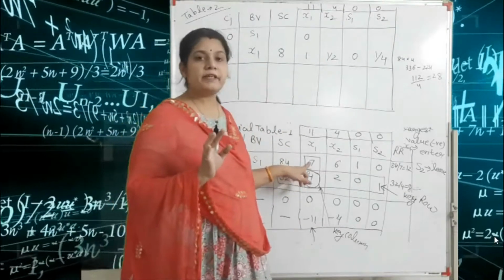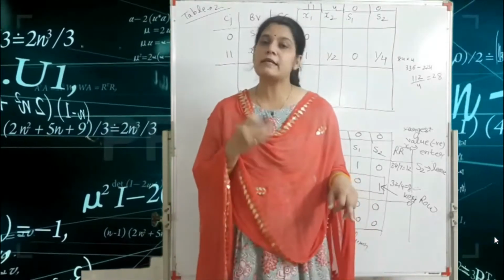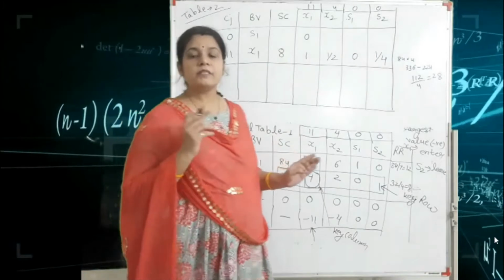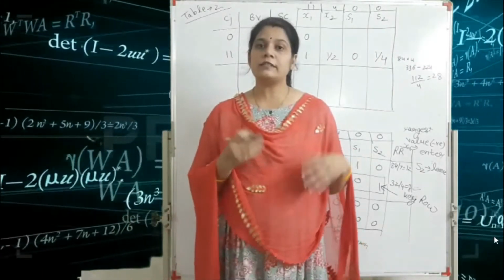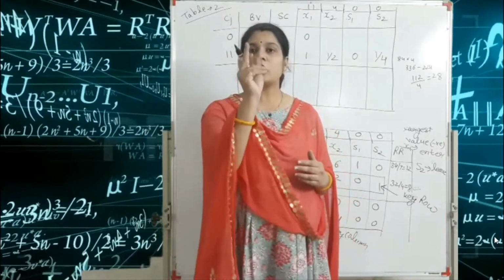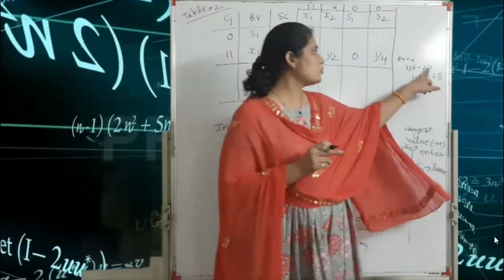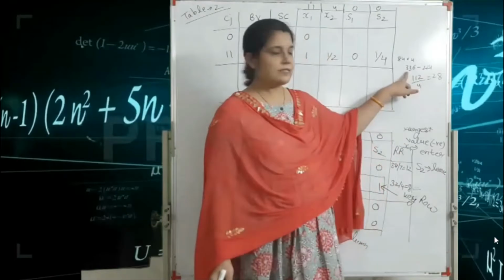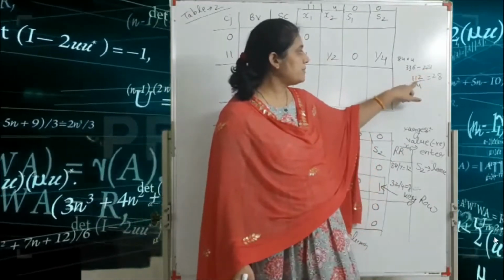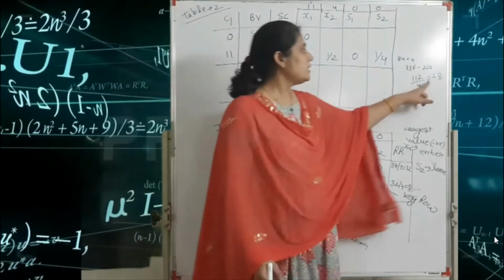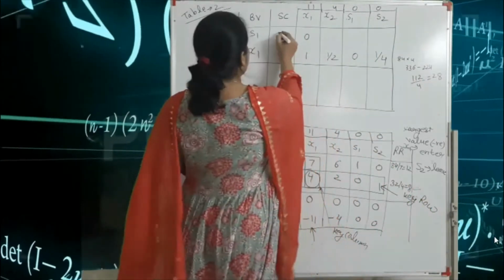This determinant form is always a 2 by 2 matrix. Sometimes we are given 3 basic variables, but don't consider a 3 by 3 order determinant or matrix. You consider only the 2 by 2 order. So 32 into 7 is 224. So 336 minus 224 is 112, divided by the key number, so here we write 28.